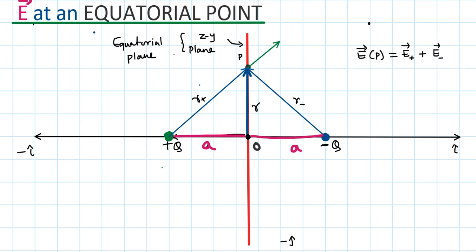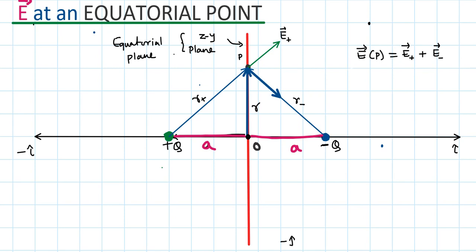What will be the direction of the electric field due to minus Q at P? It will be towards the minus Q charge, which is radially inward for the minus Q. So we get the electric fields due to the two charges.